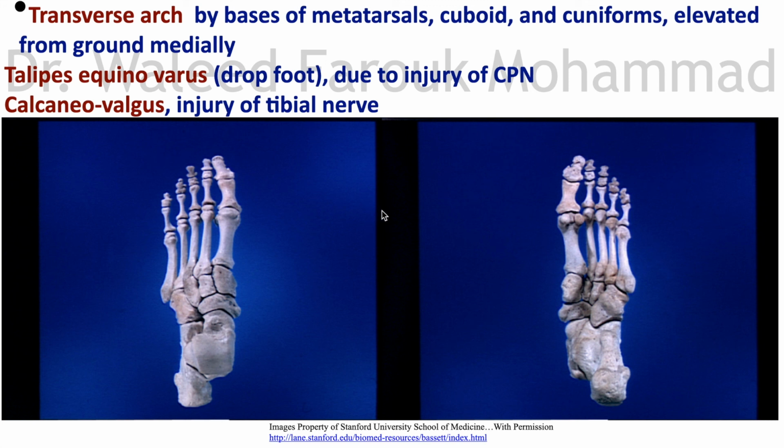What happens if you injure the common peroneal nerve? There will be no superficial and deep peroneals, so there will be no extensors, exactly. So the foot will be plantar flexed, dropped. And what do you think, everted or inverted? It will be inverted by the action of the tibialis posterior muscle, which is supplied by the tibial nerve.